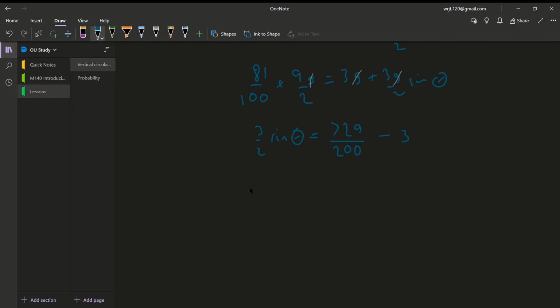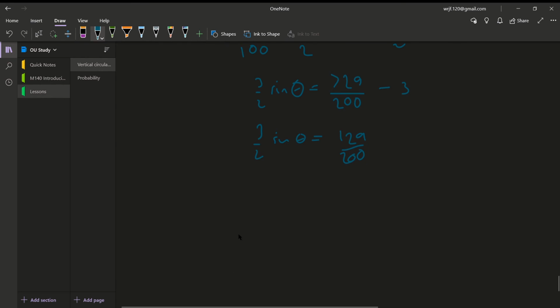So let's go for 3 over 2 sine theta equals 129 over 200. Yeah, I can fairly easily get that down to sine theta, so I can cancel out a 2 and make that 100 on the bottom, can't I?